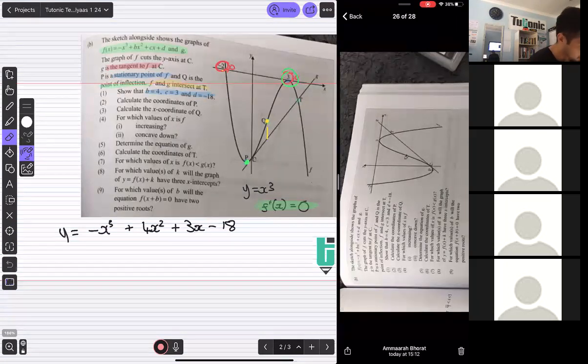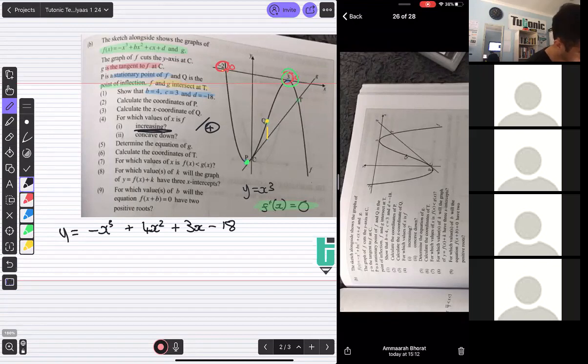For which values of x is the graph increasing? So increasing just means that the graph is going up, or the gradient is positive. So where's the gradient positive here in this graph?